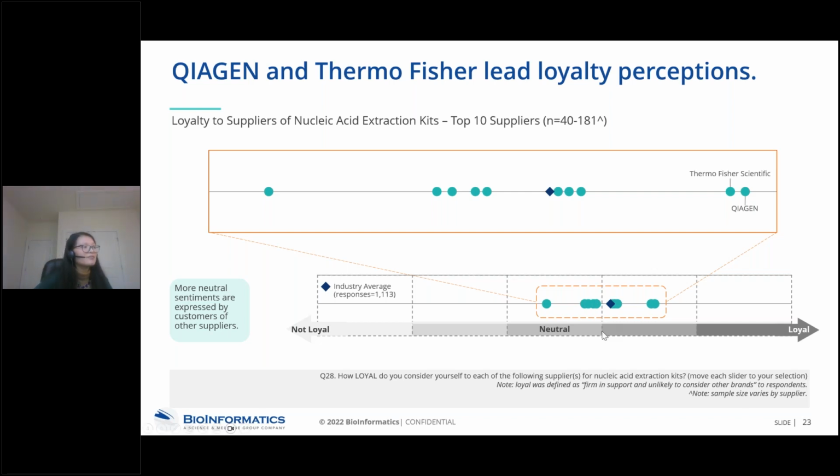And so the industry average is slightly above neutral, and here's just a zoomed in version, with QIAGEN and Thermo Fisher really standing out in that loyalty perception. So here, losing customers may be a risk for many suppliers. The opportunity to gain customers also exists. So it's a bit of a double-edged sword.